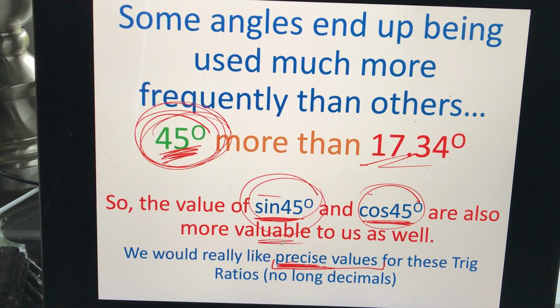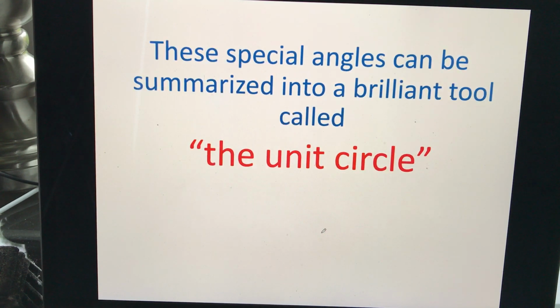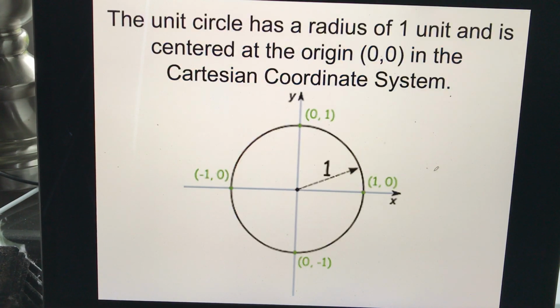It's going to allow us to pick off some main angles and get certain trig ratios precisely, not with decimals. These special angles are all summarized into this theoretical tool, this brilliant construction called the unit circle.